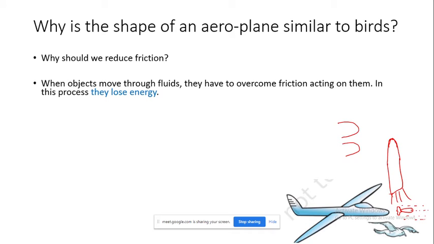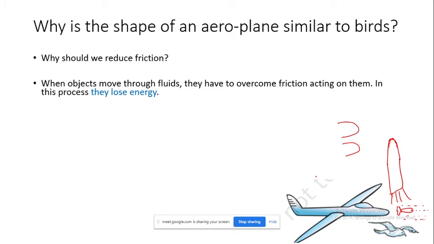So, then they looked at our birds as well as our fishes. Their shapes are kind of similar, and they are moving very efficiently through these fluids, right? We can see fishes are moving, birds are flying. They should also be feeling some kind of fluid friction, but they are moving efficiently.